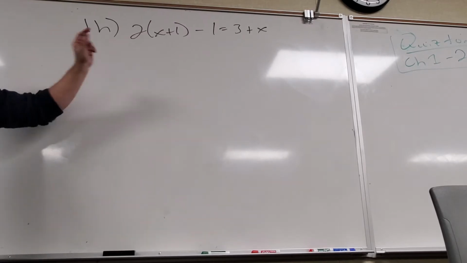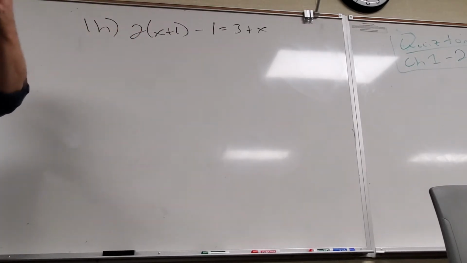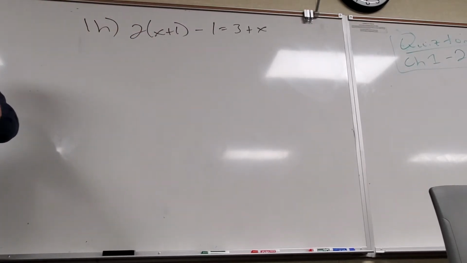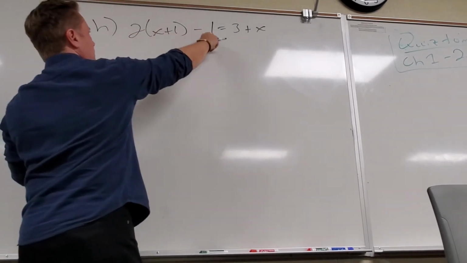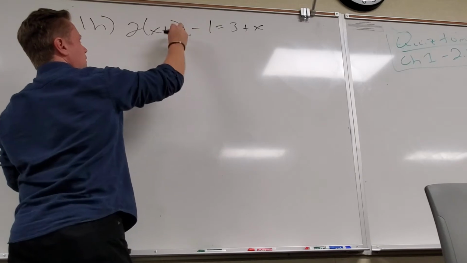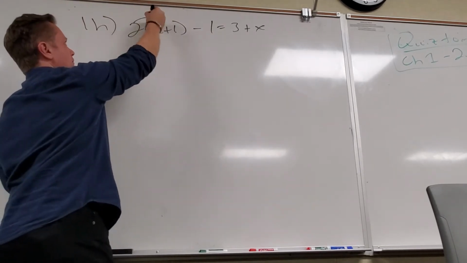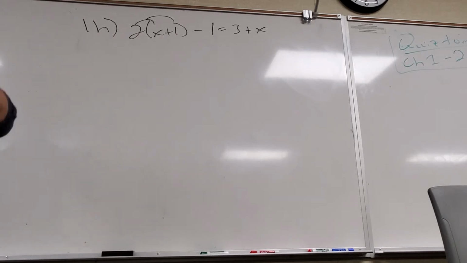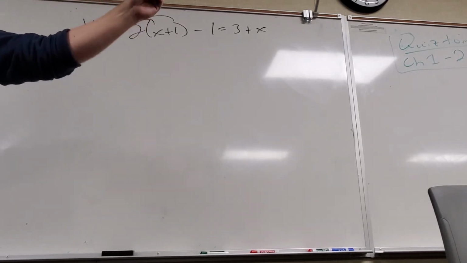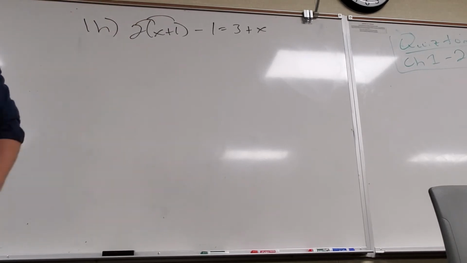We did talk about the distributive property, why it works, why it makes sense before. But I want to get my like terms together. Why can't I put these together? Because I don't have a 1. I have a 2. I have to first know what the parts are before I can start putting the parts together. So that's why almost always the first step is distribute where we have those parentheses with something in front.